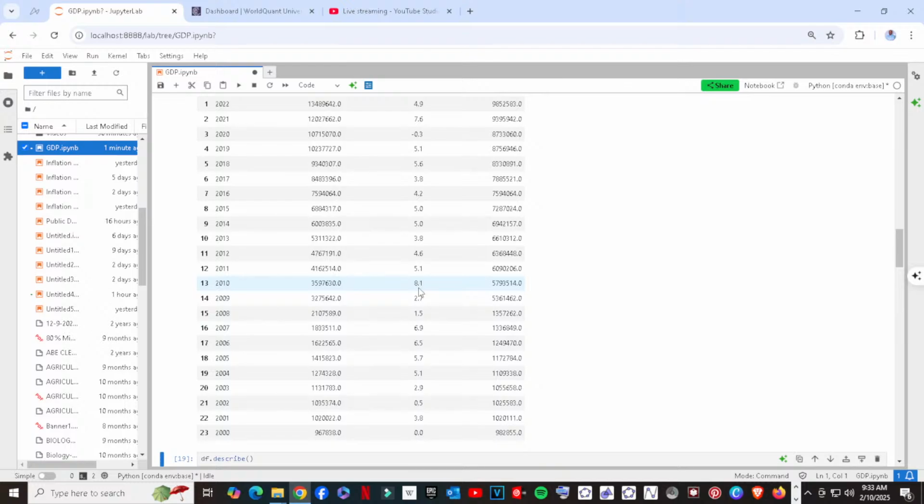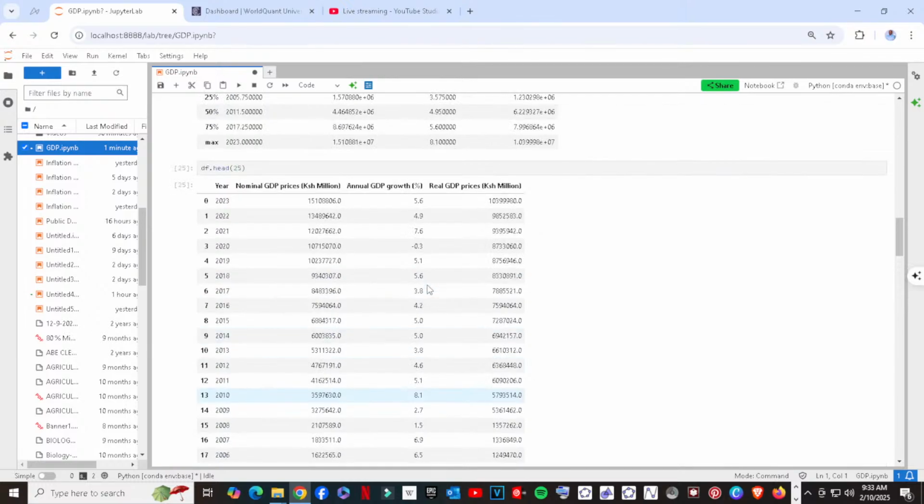That was the highest growth rate recorded, in 2010. Now the second highest growth rate that has been recorded in the history of the country was in 2021, which was 7.6.